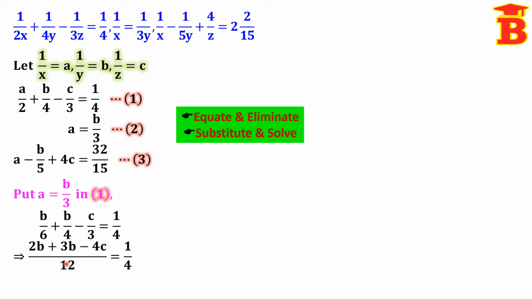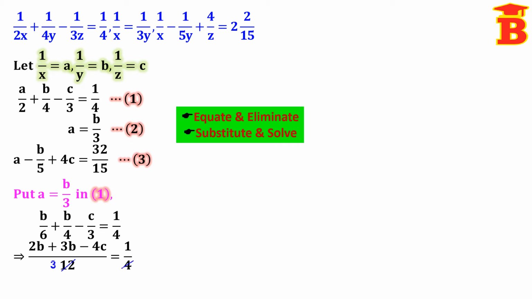Taking 12 as LCM, 6 goes 2 times in 12, so the first term is 2b. 4 goes 3 times in 12, so that is 3b, minus, 3 goes 4 times in 12, so that is 4c, equal to the right hand side 1/4.